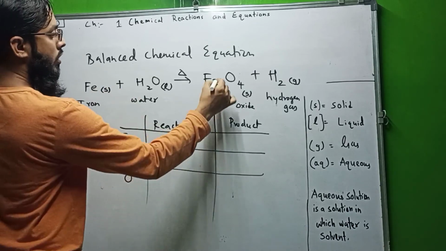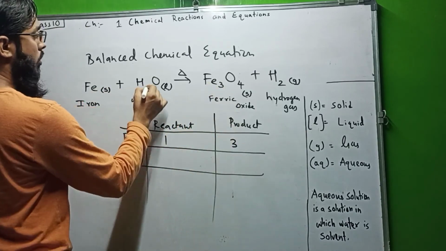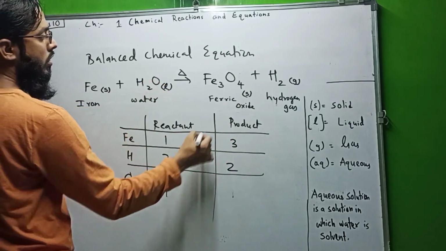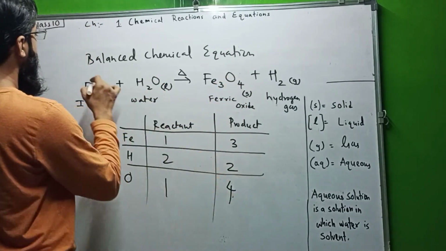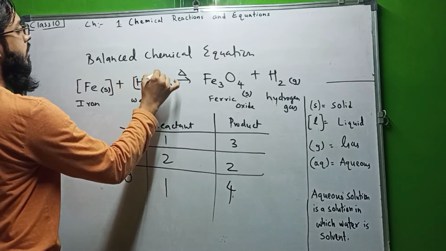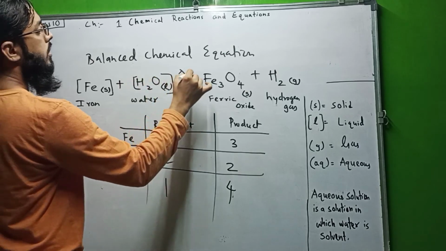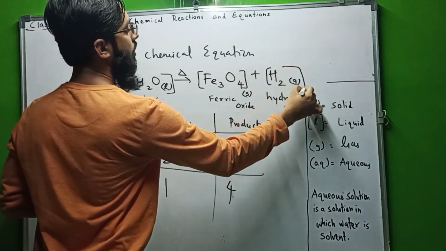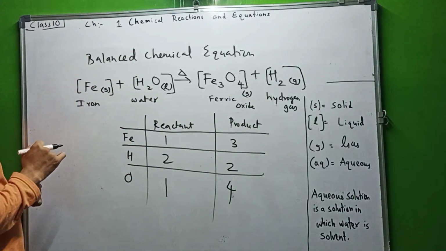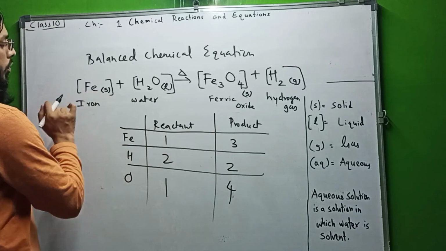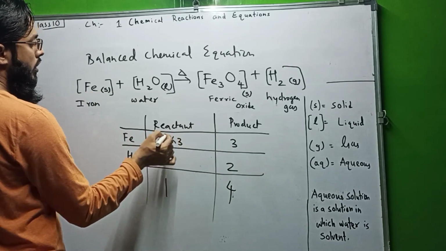Here we have 1 Fe, on the product side we have 3; hydrogen we have 2 and on the product side 2; oxygen we have 1 and on the product side 4. Now as I told you, just make a bracket, to understand that we can't change the numbers inside. We can only change the outside number. Now we have 1 Fe and 3 Fe, so we can multiply by 3 on the reactant side.